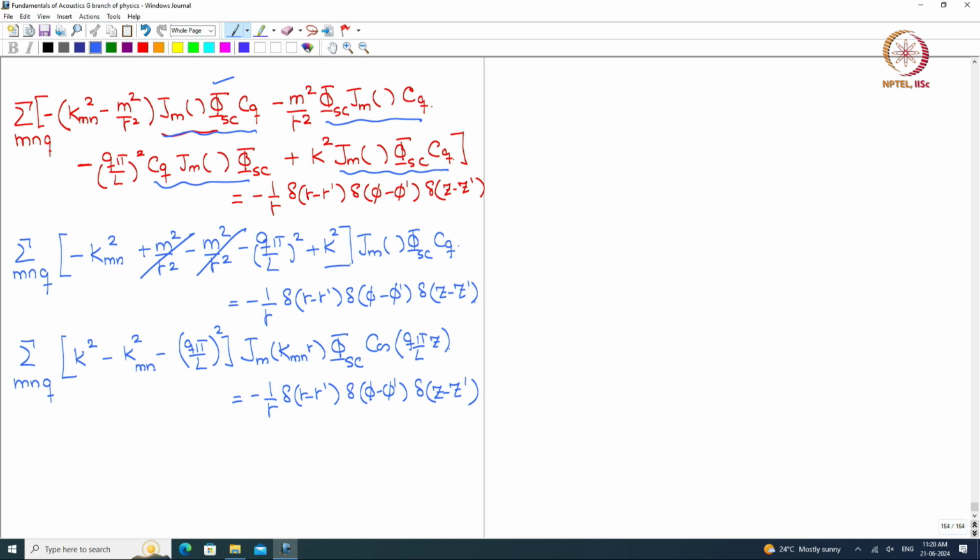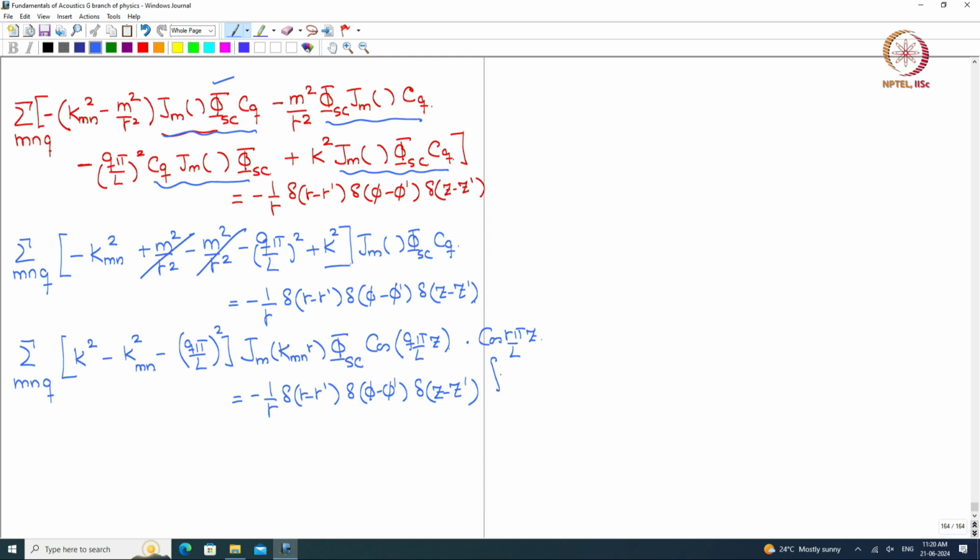Okay. So now let's first multiply by a different cos, let us say r pi by Lz, and we integrate.